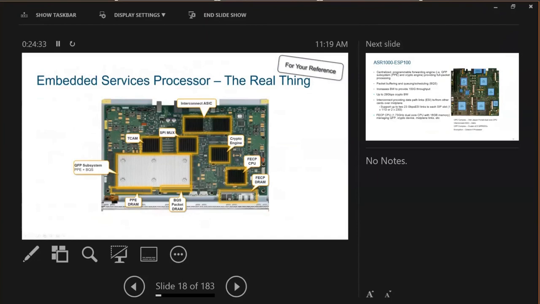This is the crypto engine. This is the CPU of the ESP. This is the memory for the CPU. This complete thing is the QFP subsystem, which will have the PPEs and the BQS. This will be the PPE DRAM, and this will be the BQS packet DRAM. So this is how the ESP module looks.